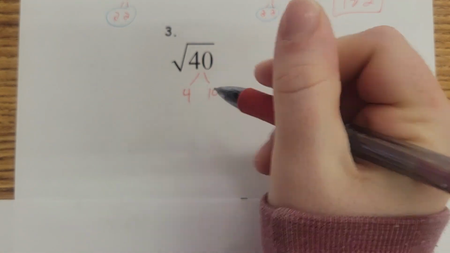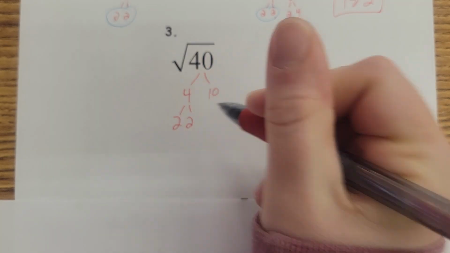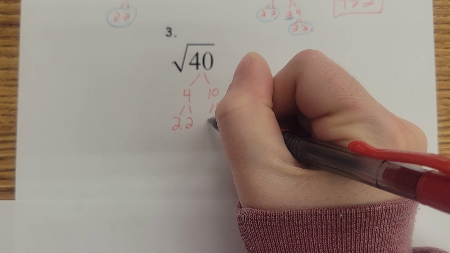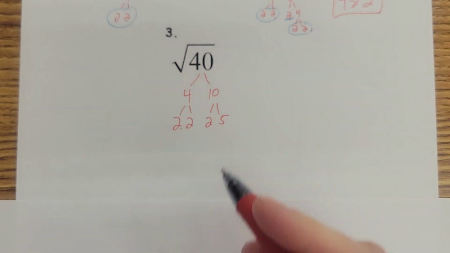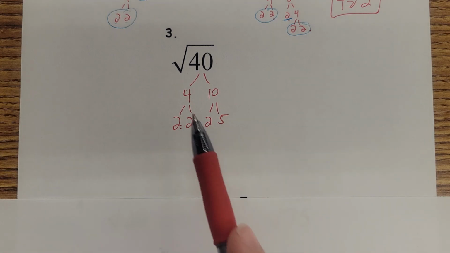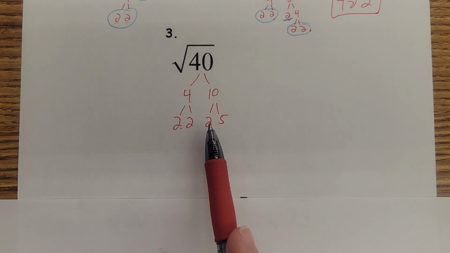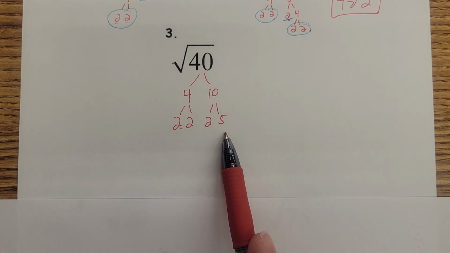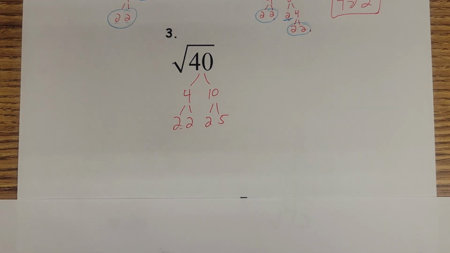We've got some prime factors. We've got some 2's that are in radical prison, and another 2, and a 5. All these factors are trapped in radical prison. I don't know what they did, but it must have been bad.